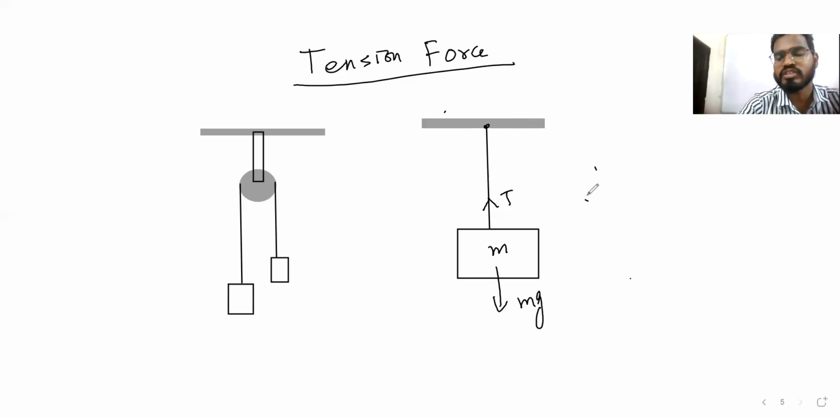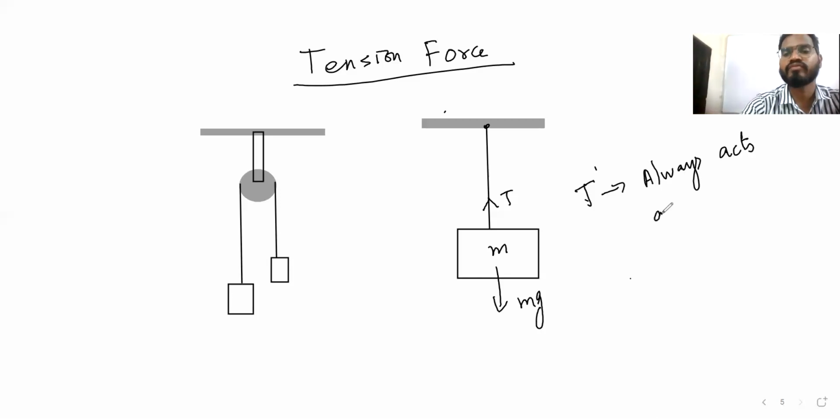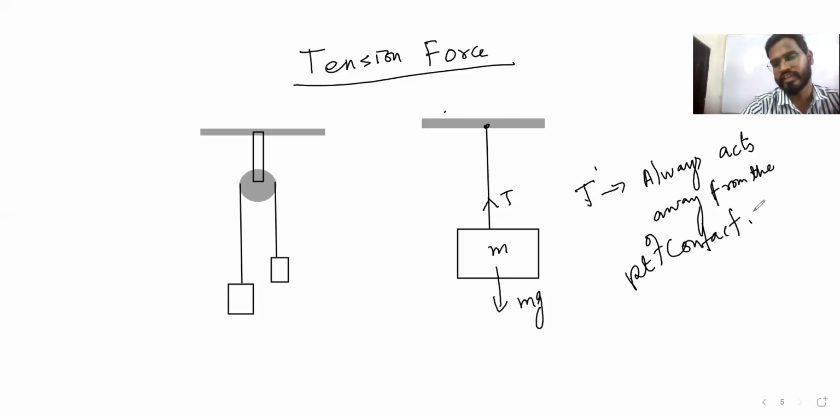So tension force always acts away from the point of contact, that we can see. So now we can say this is the tension force. Easy to understand. So whenever there is a tension acting, it is always away from that.